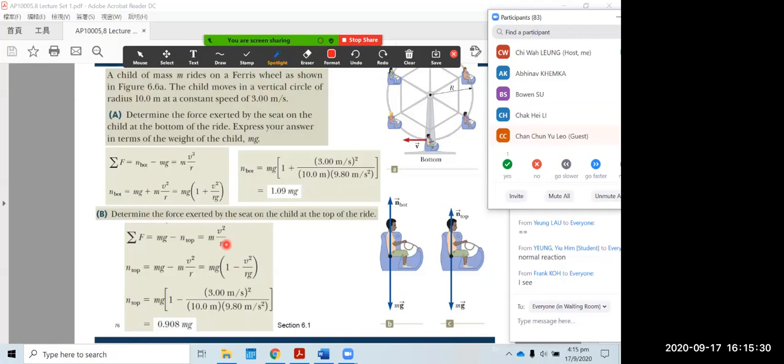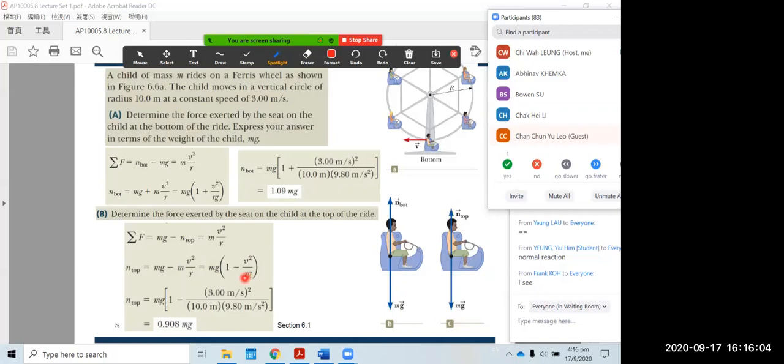What happens? After some calculation, N top is slightly smaller than 1 mg. So you will start wondering what controls the coefficient in front, what controls 1.09 or 0.908, why not 0.7, 0.6? It depends on the terms here. As you will see, it depends on v squared and r.